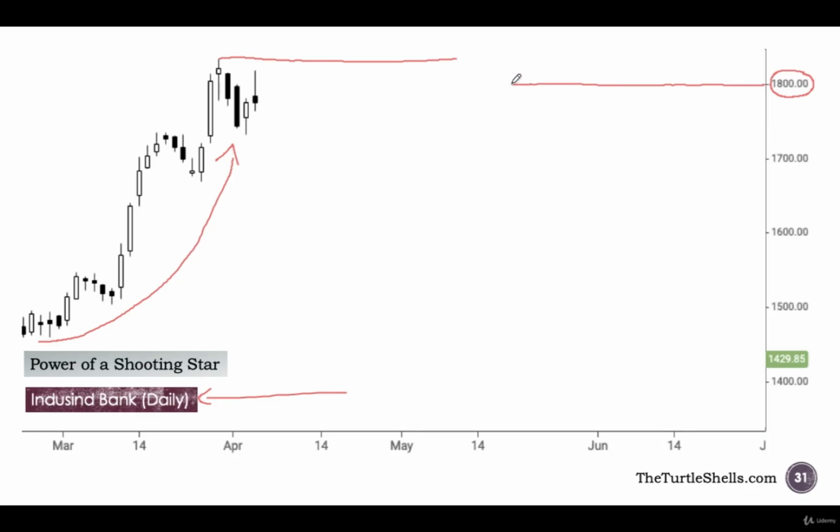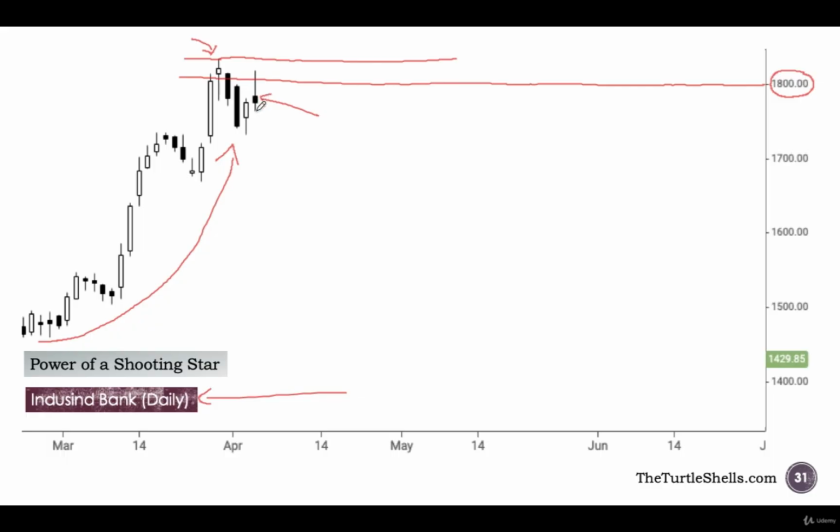If we draw a line here, you can see this shooting star is respecting that level. The shooting star is also respecting the resistance created by this candle. The upper shadow is more than twice the height of the real body.